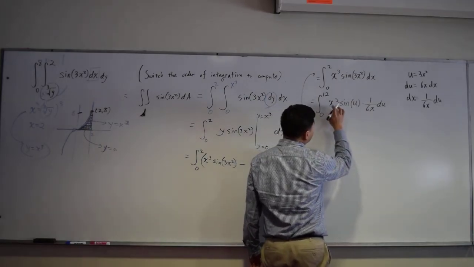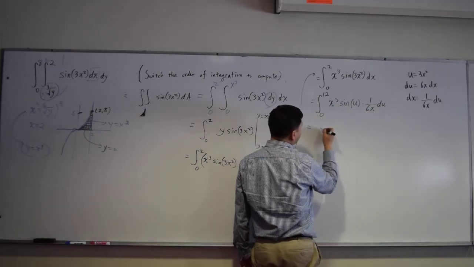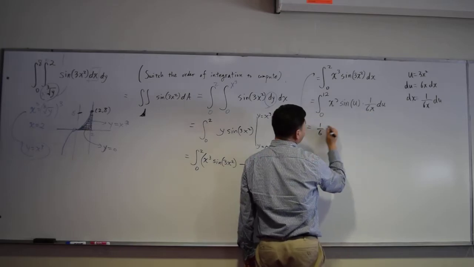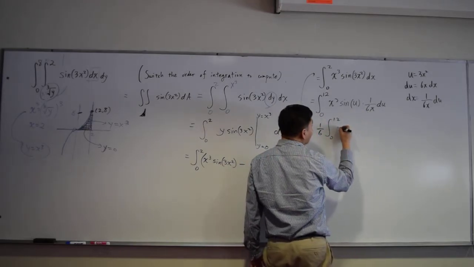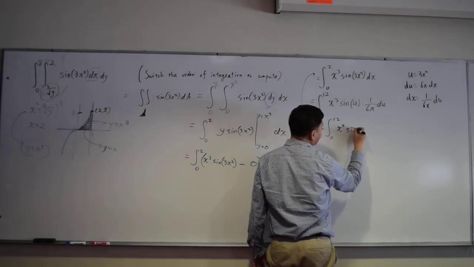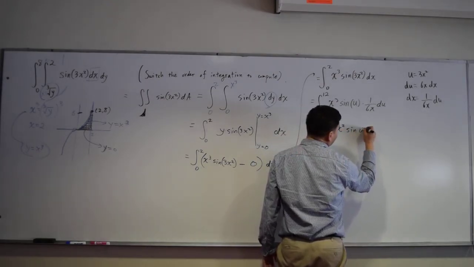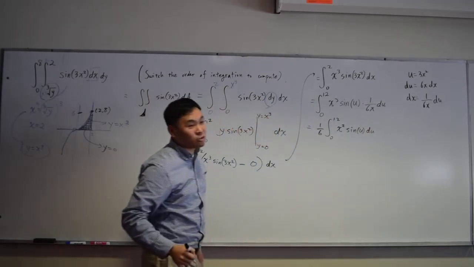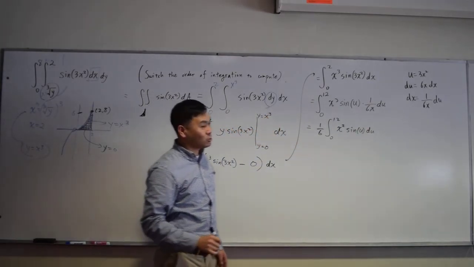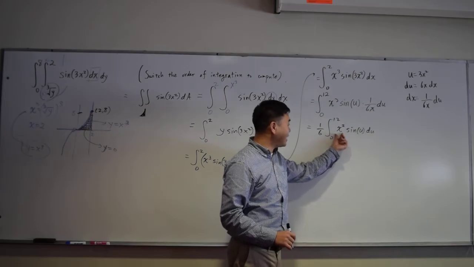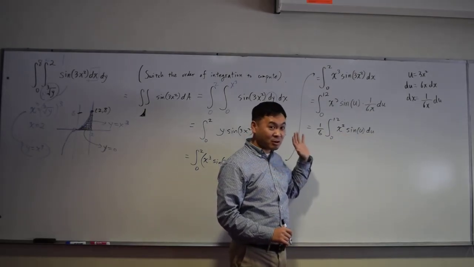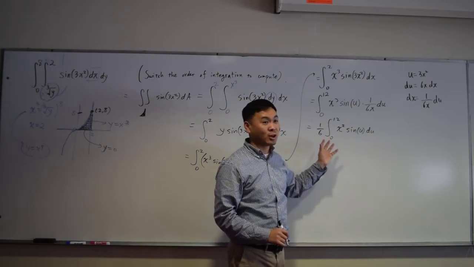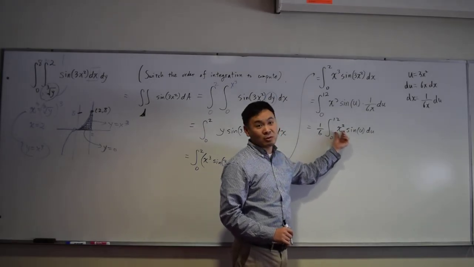Okay? All right, so let's continue. I can simplify this. X cubed divided by x is? I can pull the 1/6 out. X cubed divided by x is? X squared, right? And this is dangerous to integrate now because I have x and u mixed. Okay? Make sure everything is in terms of u if you're doing u substitution. So this somehow has to be changed into u.